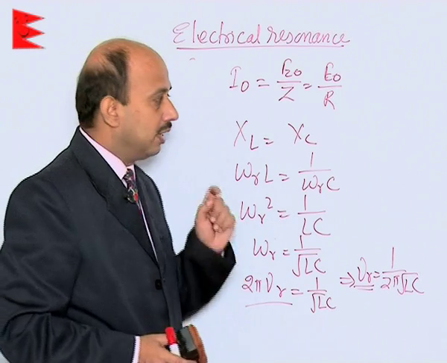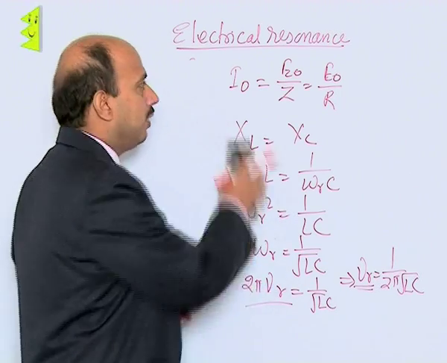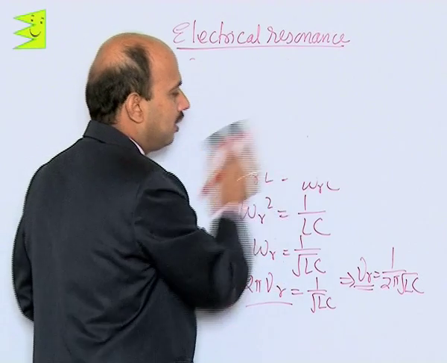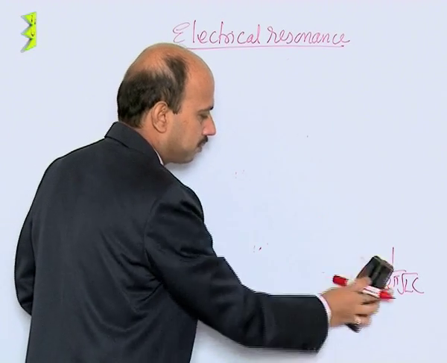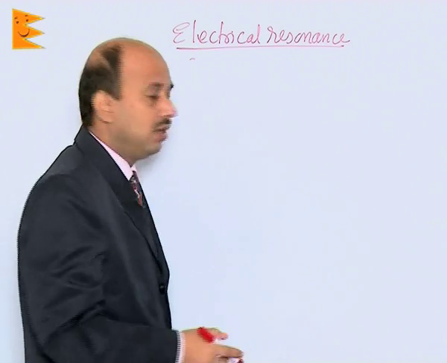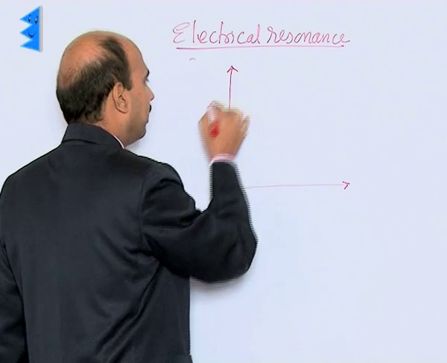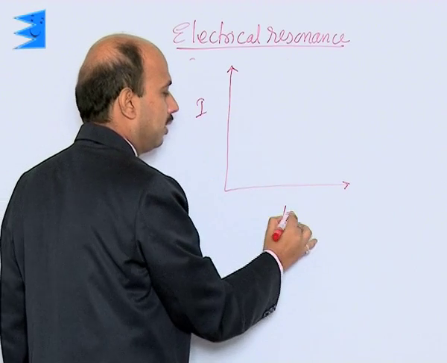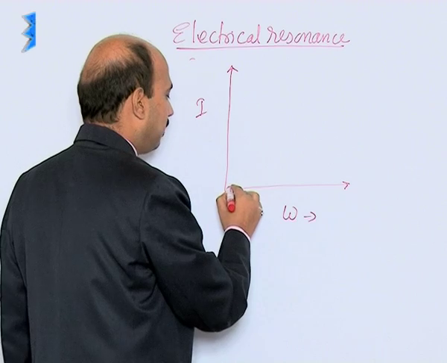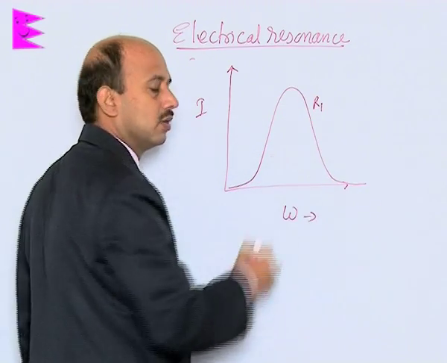Now see here, we can get the graphical relation between current and frequency, taking different values of the resistance in the circuit. We can draw the graph something like this. Here I is taken and here is omega, and the graph is something like this for resistance R1.